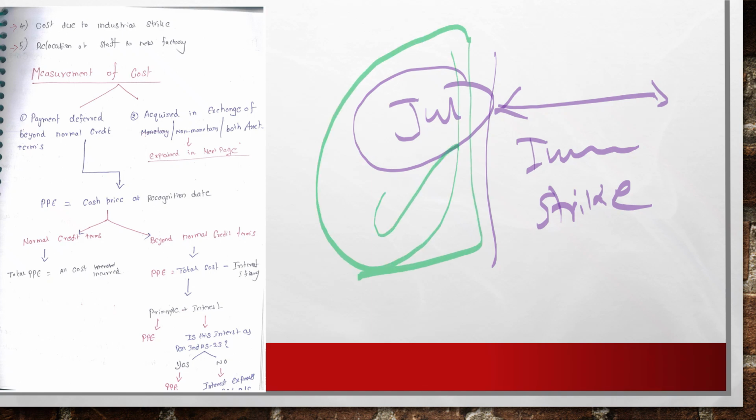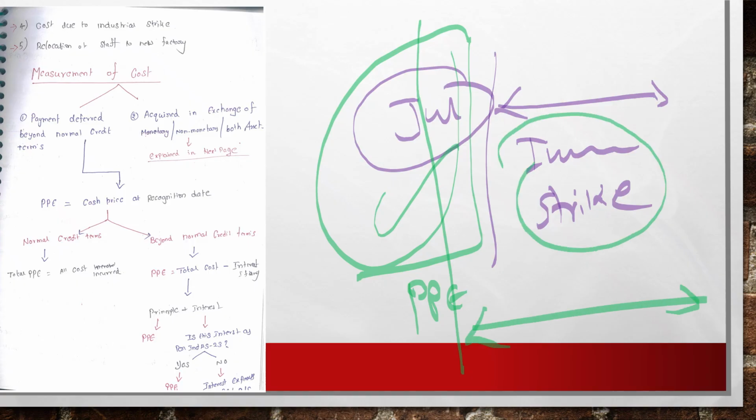In those situations, you cease the capitalization by July only. You should not add the cost of the strike period to the PPE. It should be in your regular operations only. And relocation of the staff to the new factory is the same. Whether you shift the building or staff, all these relocation costs will not be included in the cost of the PPE.